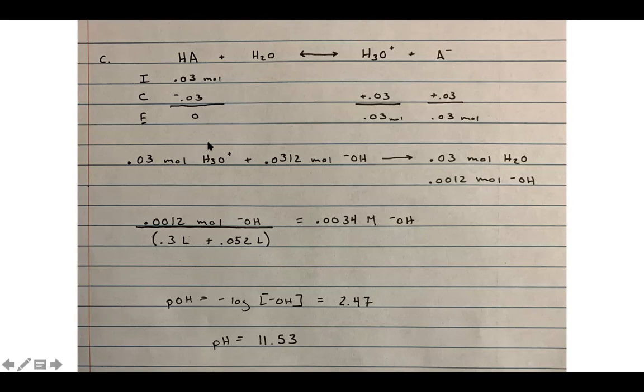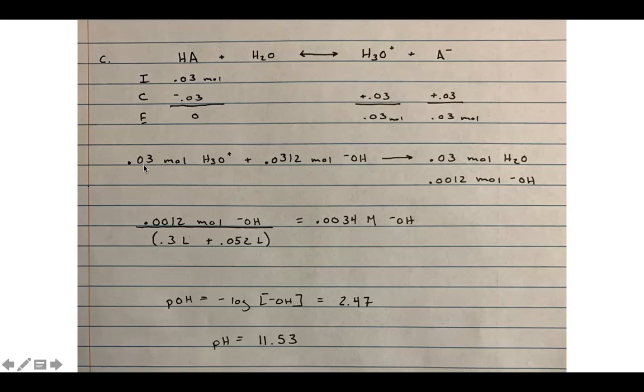And so if we don't need to do a reverse ice table, you might ask, how do we find our pH? Right, so again, we converted all of our reactants into products to produce 0.03 moles of hydronium. And in part C, from the initial problem, we are adding 0.0312 moles of hydroxide.